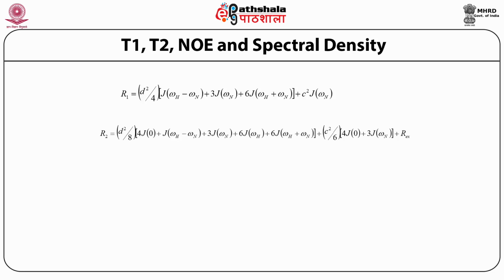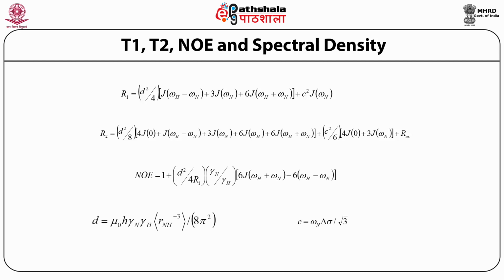The spectral density is given here as J. So J at 0, J at omega H minus omega N, J at omega N, J at omega H, J at omega H plus omega N, and that also has a REX component. And similarly, NOE is given by these equations, where D depends on the gyromagnetic ratio of N, the gyromagnetic ratio of H, and the distance RNH.